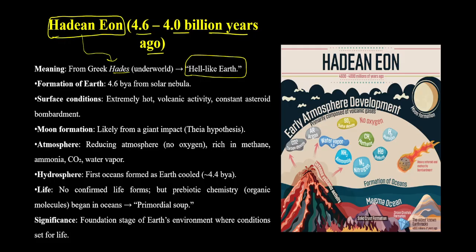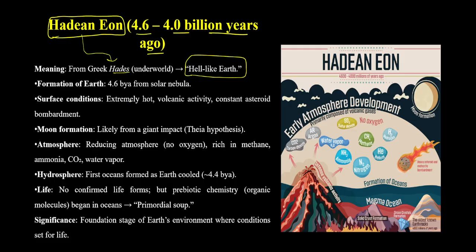This was the primitive Earth, in which the atmosphere was reducing in nature, basically consisting of gases like carbon dioxide, ammonia, and methane, and no oxygen was present in this particular time scale.